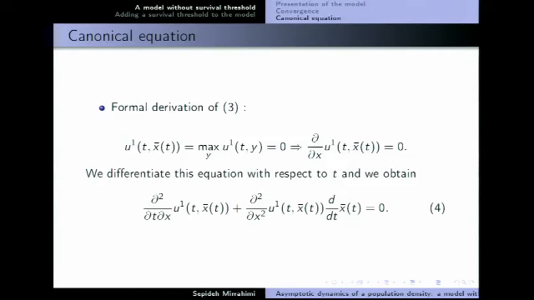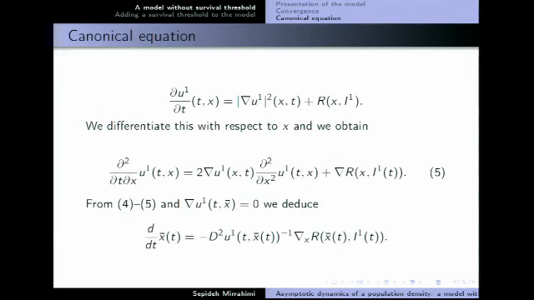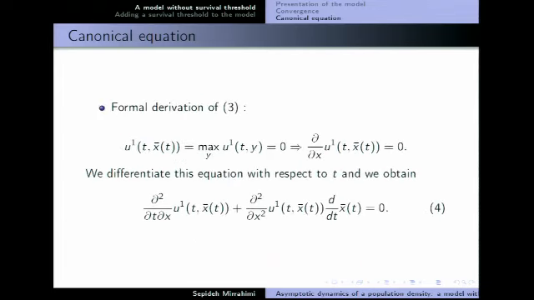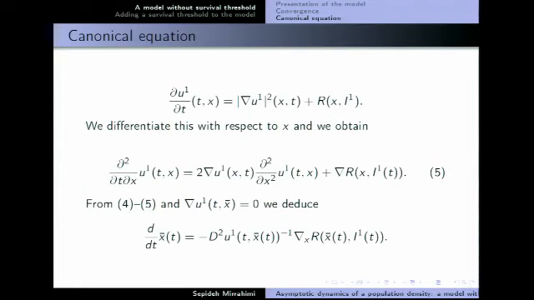First, by using the fact that u at the point of the mass concentration is equal to 0 and it is a maximum point, we differentiate it twice and we have this equation, and then we also differentiate the Hamilton-Jacobi equation, and using these two relations, combining them, we obtain the canonical equation.